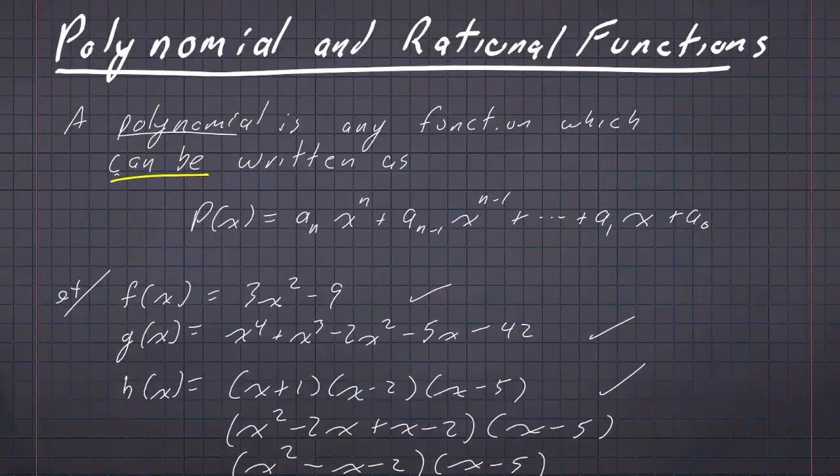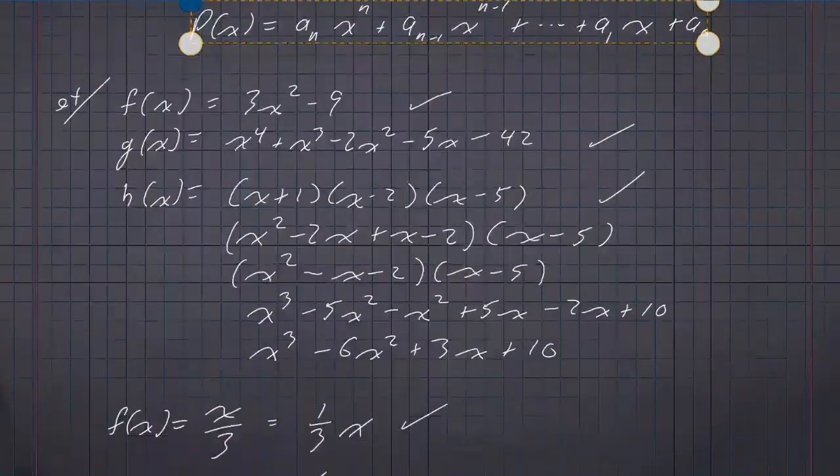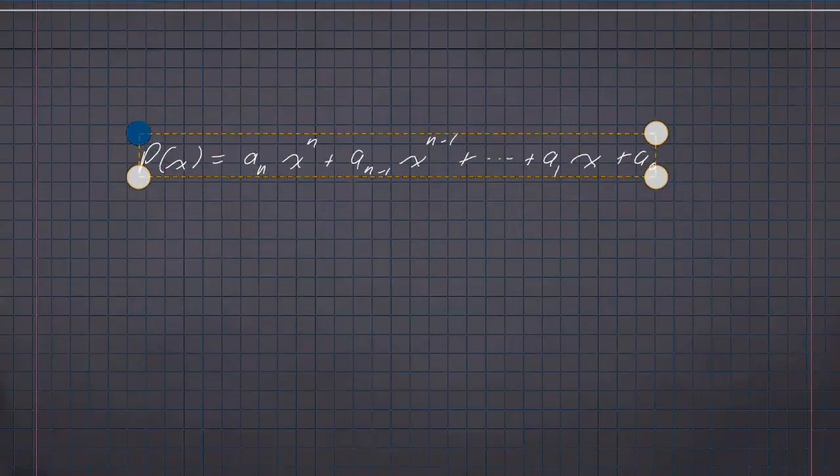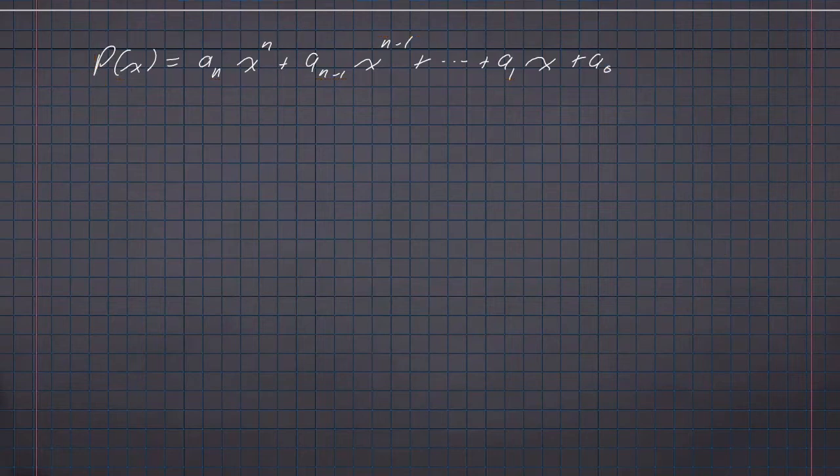Scrolling back up just to grab this definition again. A polynomial is something written as a_n x to the n plus a_(n-1) x to the n minus 1 plus so on and so on until you get down to a_1 times x and then a naught. The leading term in this polynomial, as it's written here, is the one that comes first, a_n x to the n.